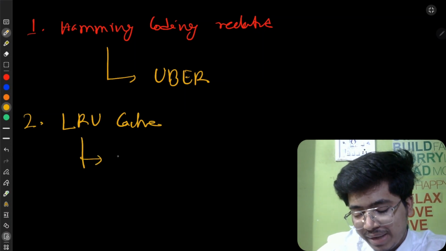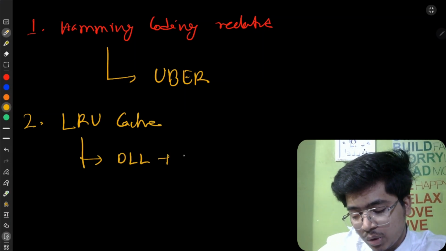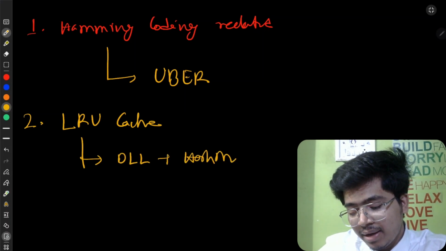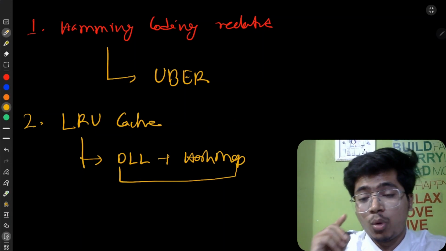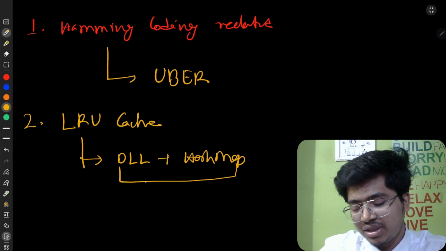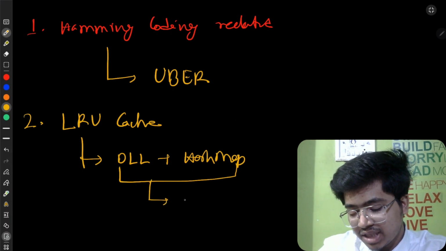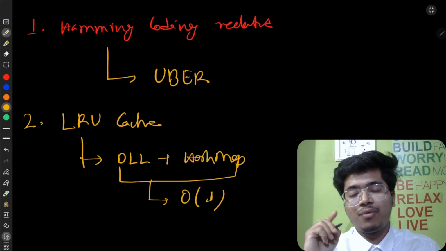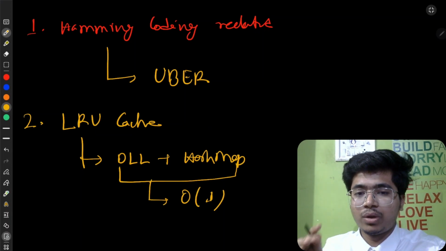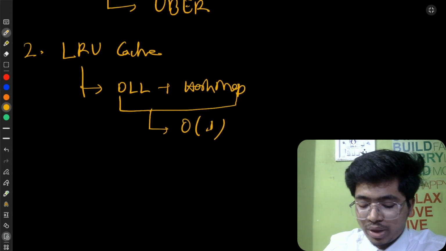You have to use a doubly linked list, DLL, and you have to use a hash map also. In LRU cache you have to perform both insertion and traversal type operations in just O(1) runtime complexity. I was given LRU cache then, and at that time I was not prepared for this round. So this was the second question.